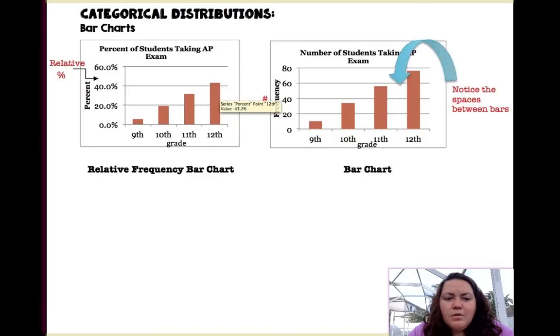All right, categorical distributions. Some different ways that you can make a picture for your categorical distributions would be a bar chart or a relative frequency bar chart. The difference between a regular bar chart and a relative frequency bar chart is just one has relative frequency, so using the percentages, and one has counts. And they're always going to have spaces between the bars.